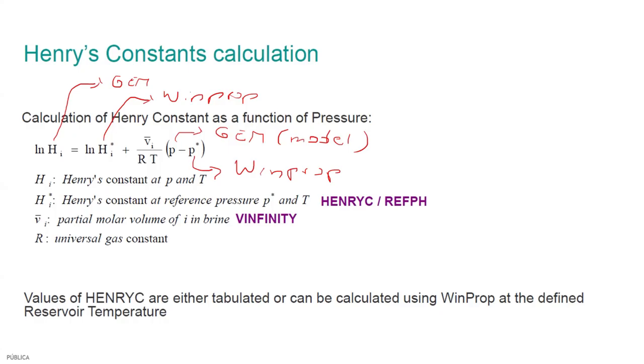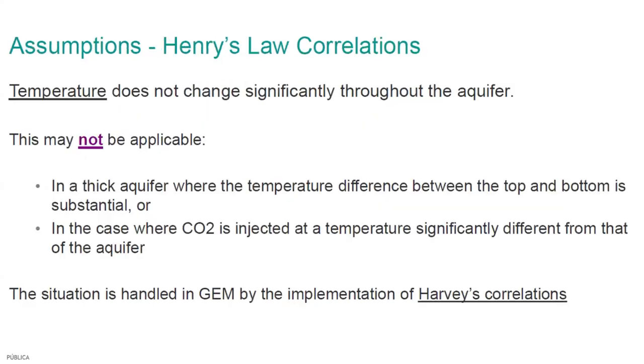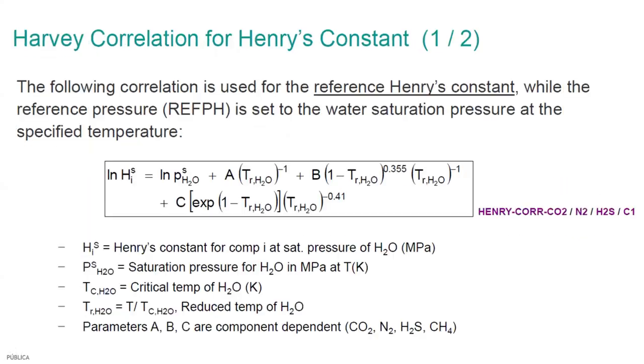If the temperature is different from the temperature that you calibrated your data at, you can use Harvey's correlation. Harvey's correlation is available in GEM, and it can be used to update the Henry's constant for different temperatures. So if you have a temperature very different from the temperature that you calibrated your data at in WinProp, you can fix this limitation using this constant.